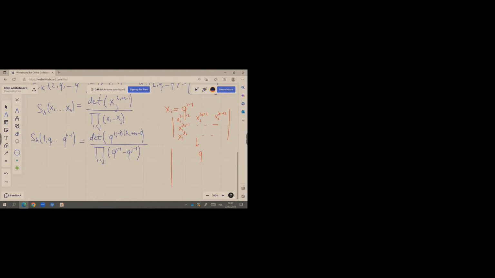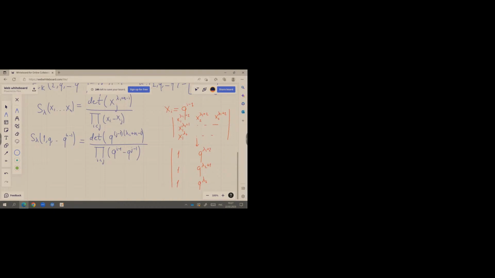So I have the first column of 1s, right? And x2 is q, and this is q to the power lambda 1 plus 2, q to the power lambda 2 plus 1, and q to the power lambda 3. And what about this one?